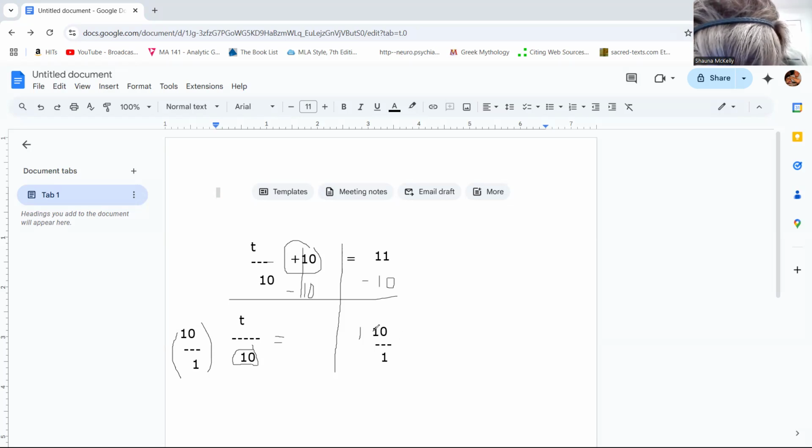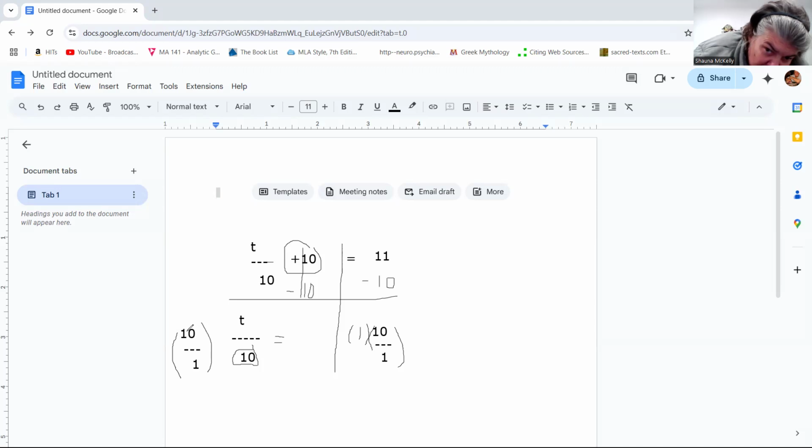So here I have 1 times 10 over 1, okay? So you can see how that works out. Remember, if you cancel these 1s, you just get another 1 because 1 divided by 1 is 1. So you can cancel them, but that's not really necessary.